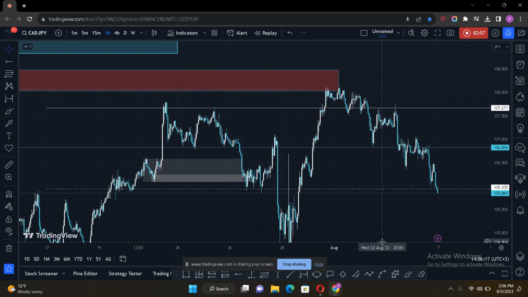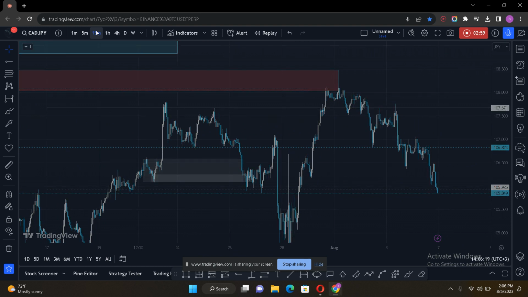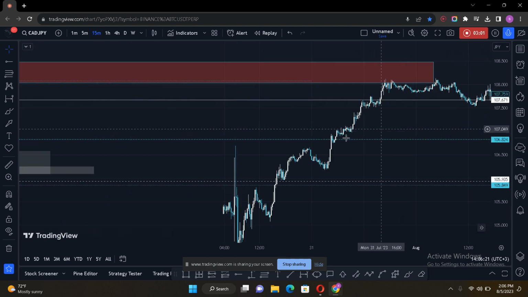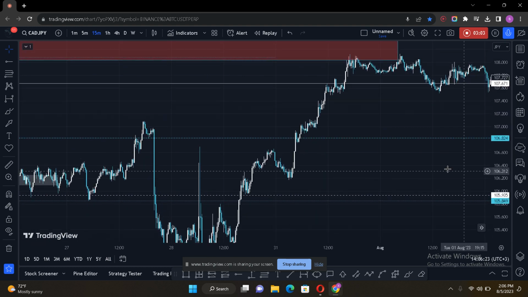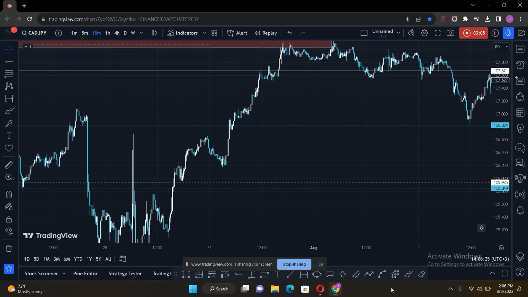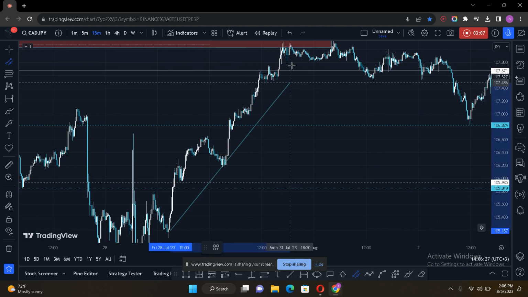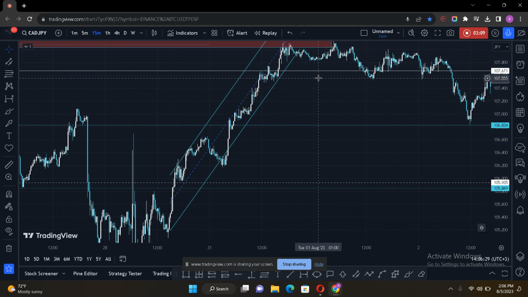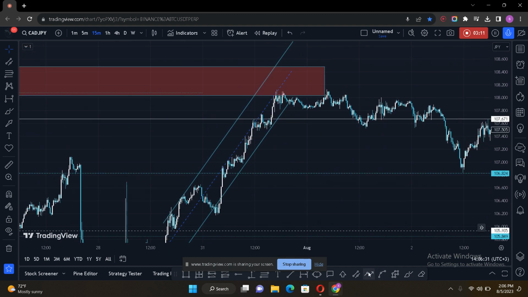On the internal structure, which is the 15 minutes, we saw this particular uptrend for a while leading into our zone, with the typical higher low, higher high, higher low, higher high, higher low, higher high.